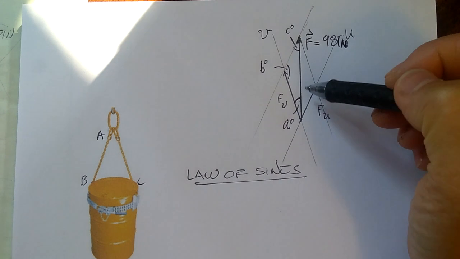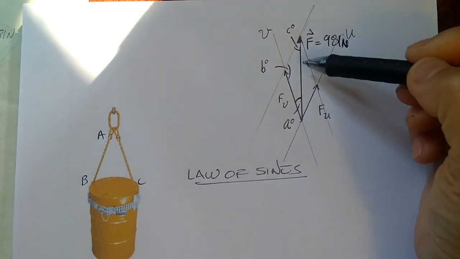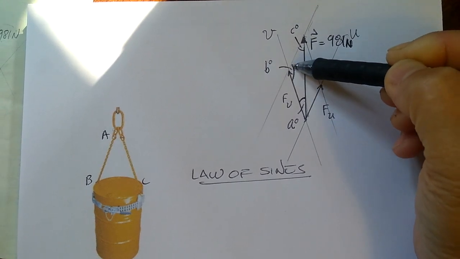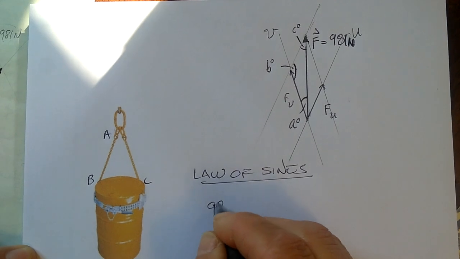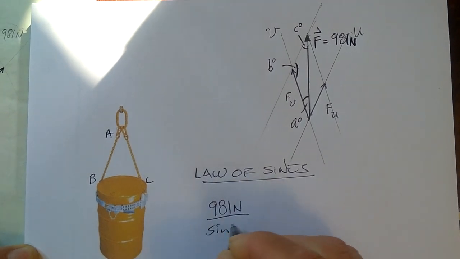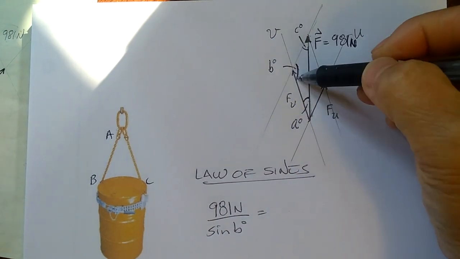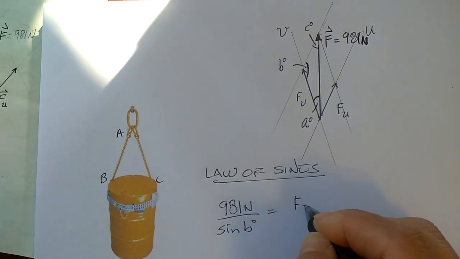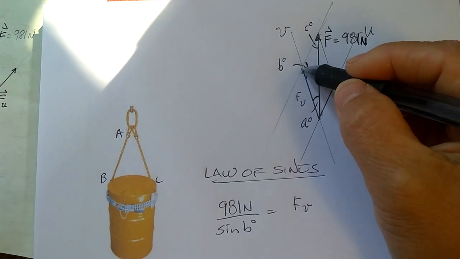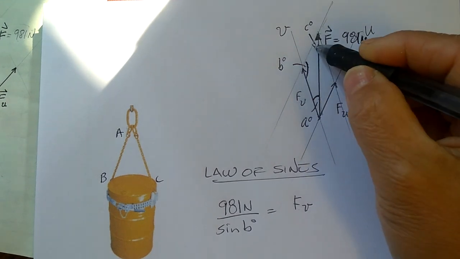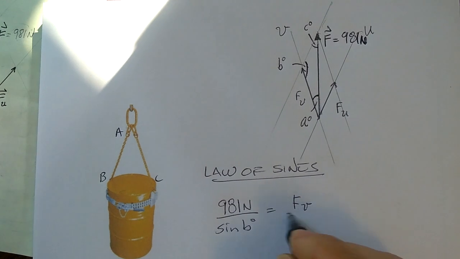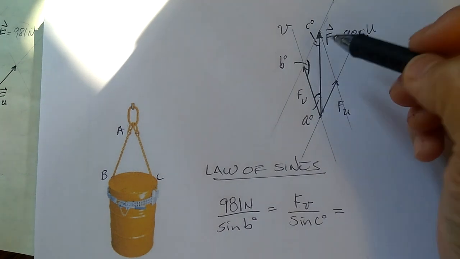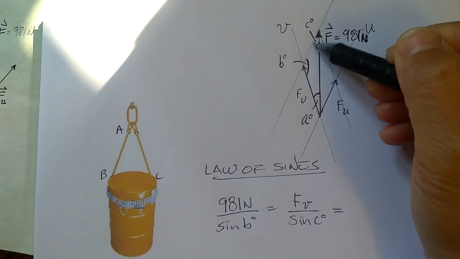So for example, the ratio of this length F to the sine of this angle, so 981 newtons to the sine of B degrees, is equal to the length of F sub V, which we don't know, to the sine of this angle C. And it's also equal to F sub U, right?